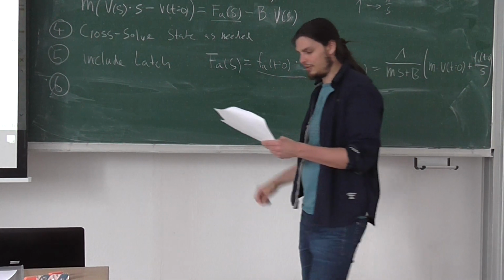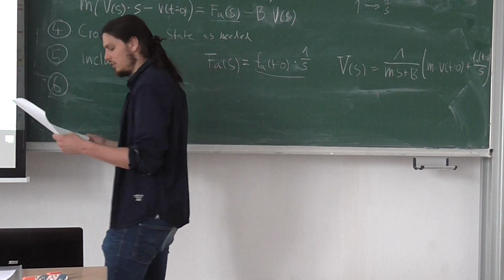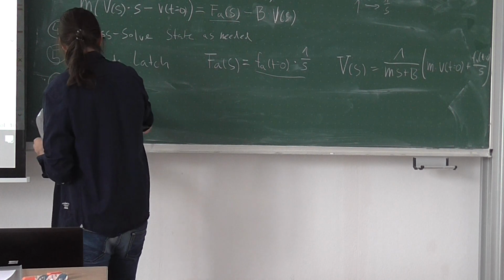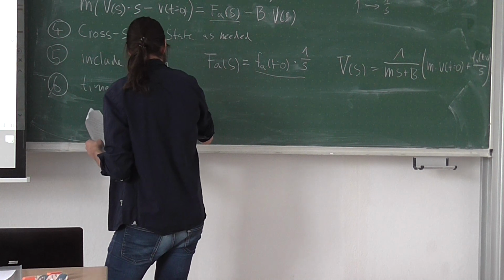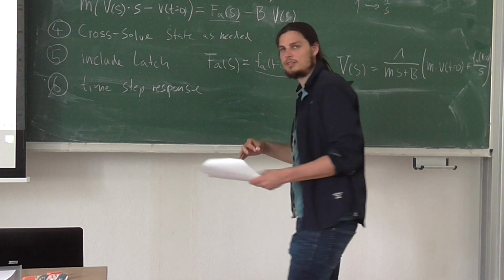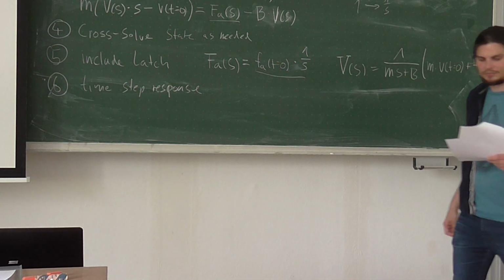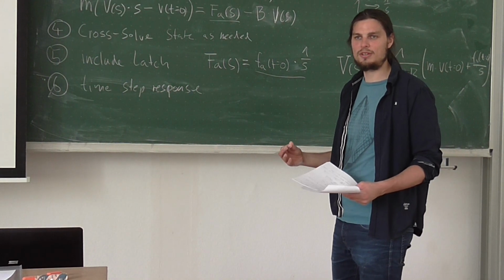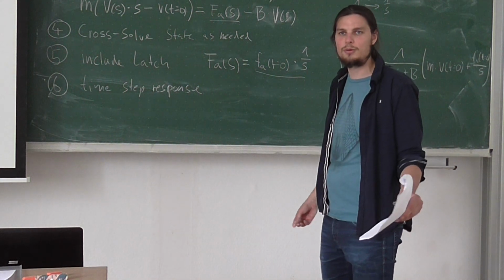So at point 6, we now try to find the continuous time step response. Basically, the back transformation. We try to get this back into the time domain. What we usually do is use tables, because this can be very, very tedious, but a lot of mathematicians already did the work for us.